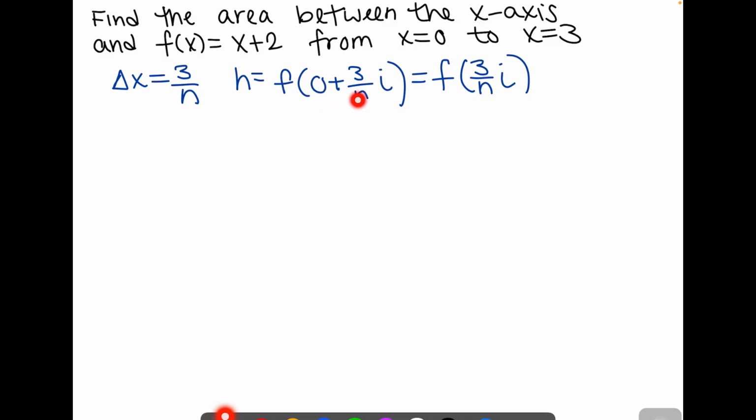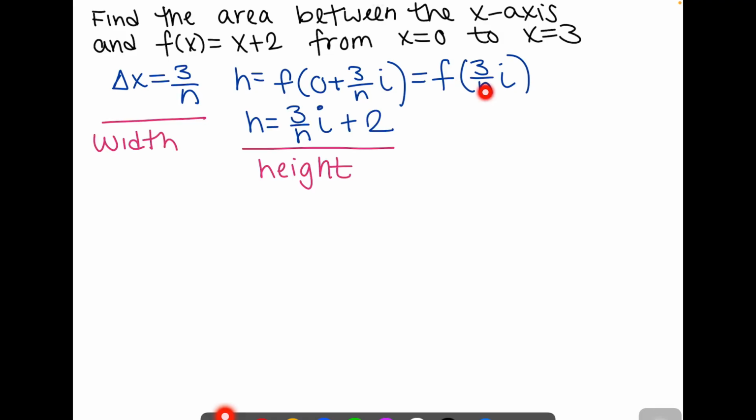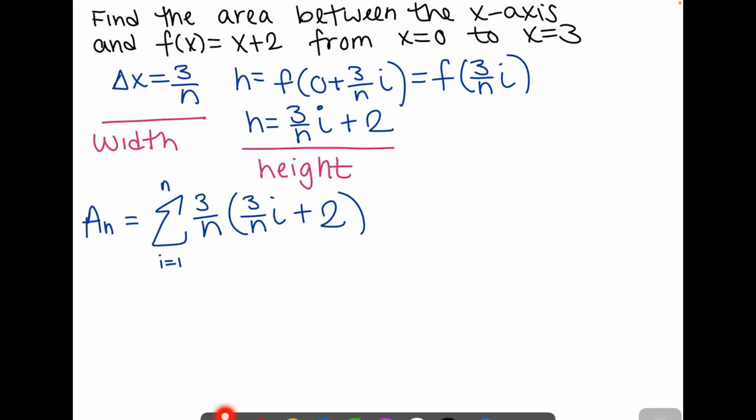So f of 0 plus 3 over n i, or f of 3 over n i. Plugging that into my function, so f of 3 over n i, I plug that in for x, I get a height of 3 over n i plus 2. So my rectangles have a width of 3 over n and a height of 3 over n i plus 2.